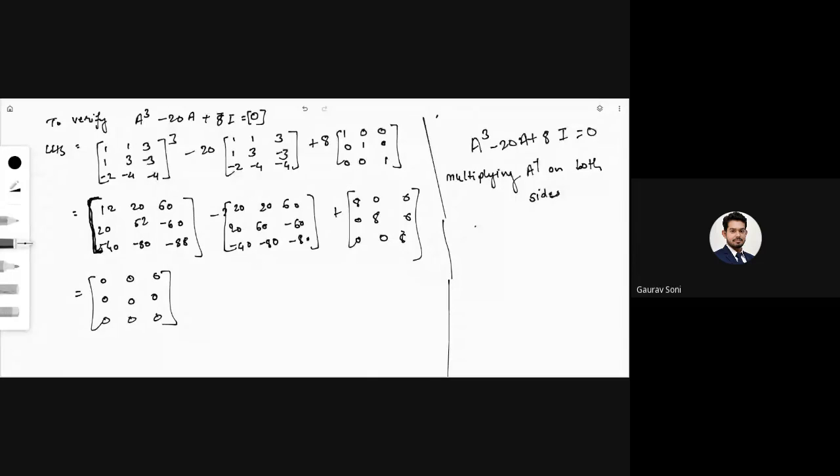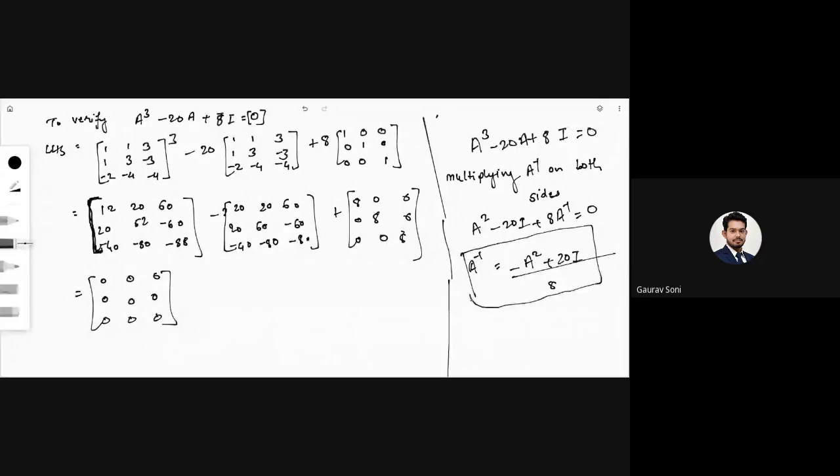So what do we have? A square minus 20 times I plus 8 A inverse is equal to 0. So A inverse is equal to minus A square plus 20I, divided by 8. This is the equation for A inverse.